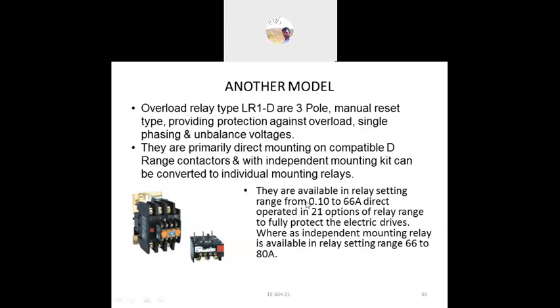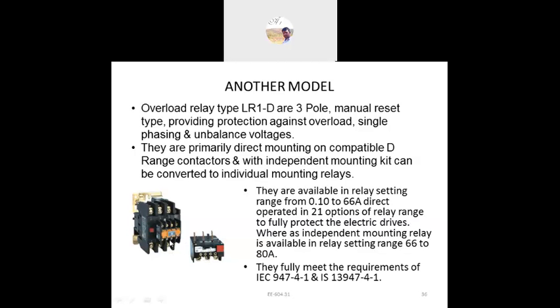It will have a setting range from 0.10 to 66, direct operated, with 21 options of relay range. So we have the time setting dial here. From this we can change the time setting variations for how much operation we have to operate.